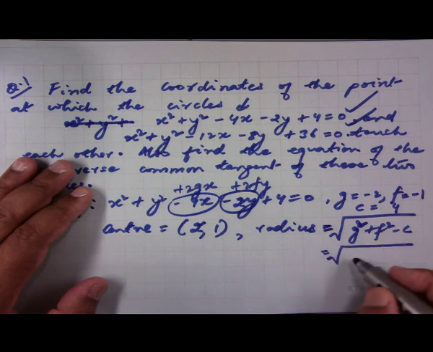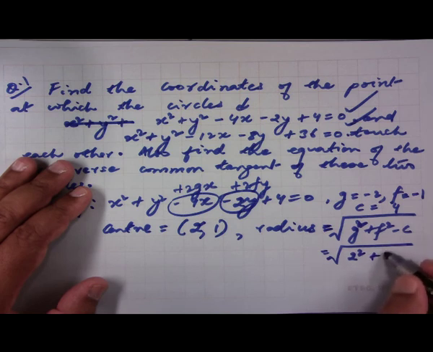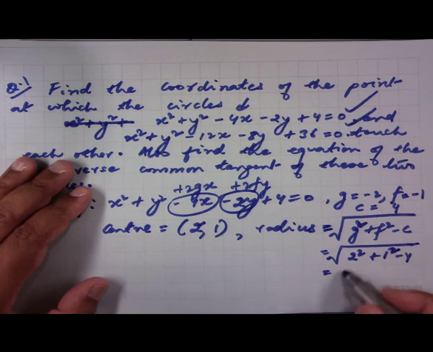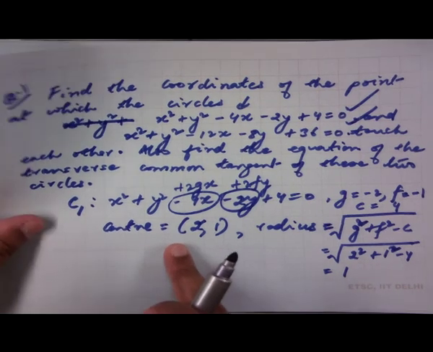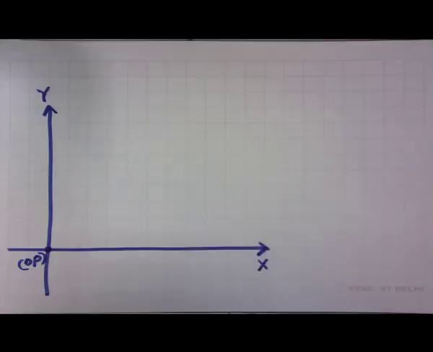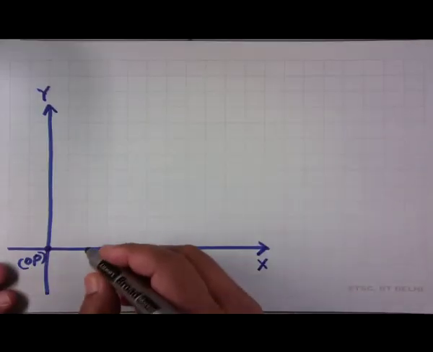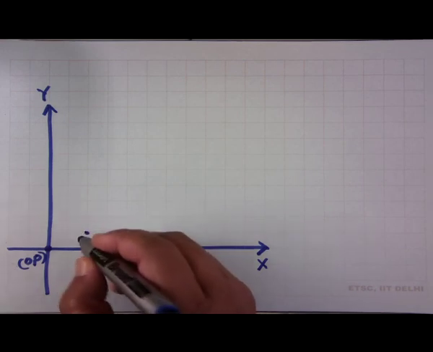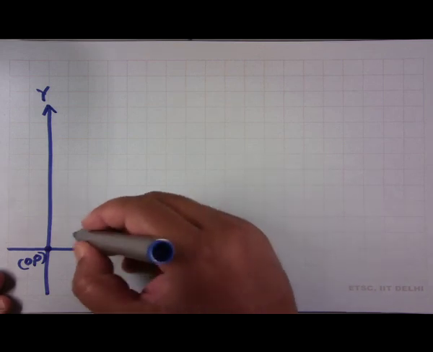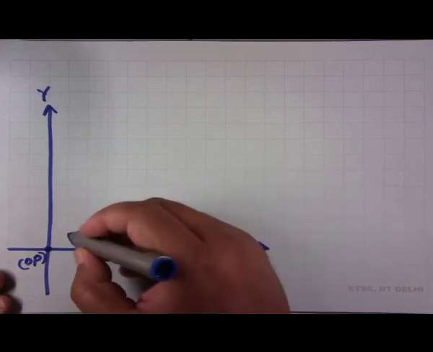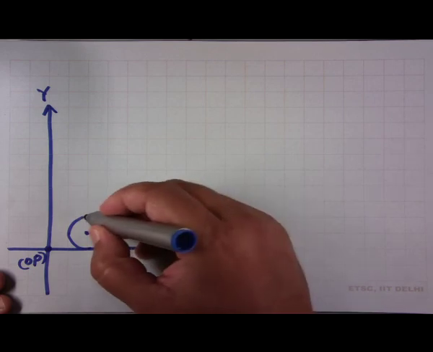So this will be minus 2 square, which is same as 2 square, plus 1 square minus 4. This will come out to be 1. So, given the center and radius, we can plot the first circle. The center is over here and the radius is 1, so the circle will appear something like this.